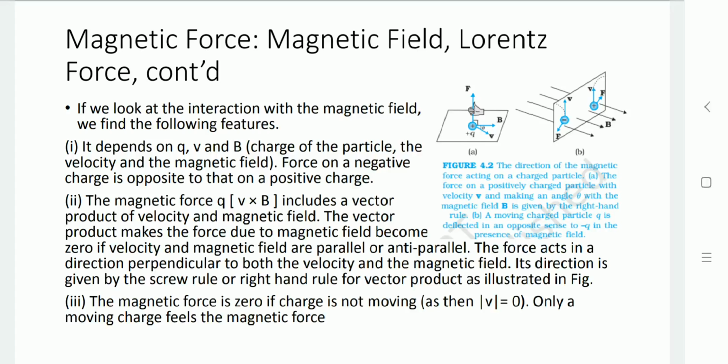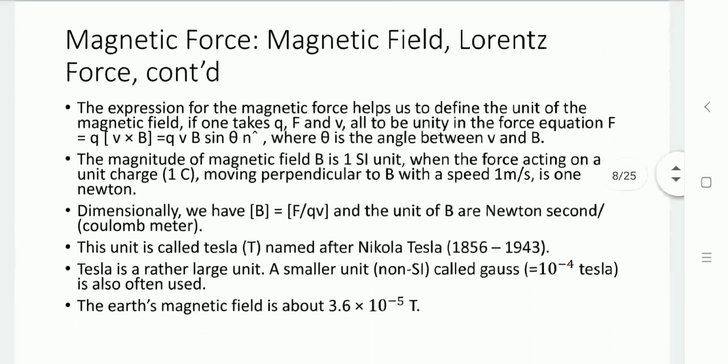The third feature is that if the charge is not moving, there is no magnetic force; only a moving charge feels the magnetic force. If it is static, only the electric force is available. The expression for the magnetic force helps us define the unit of the magnetic field.